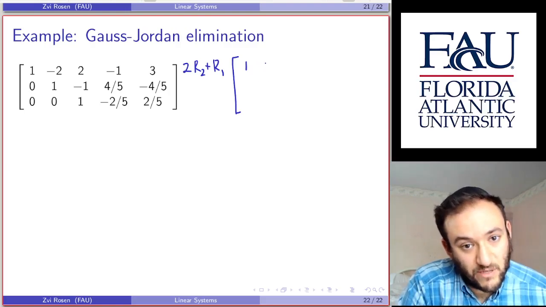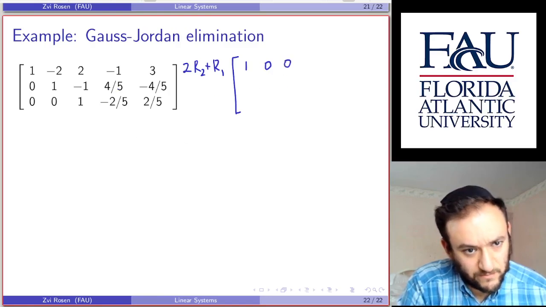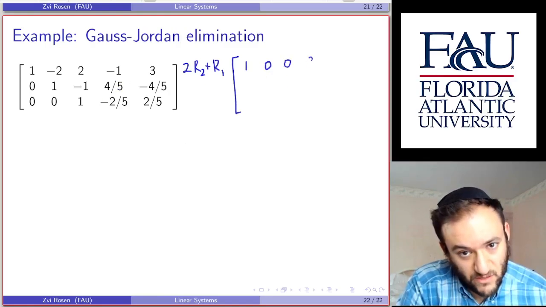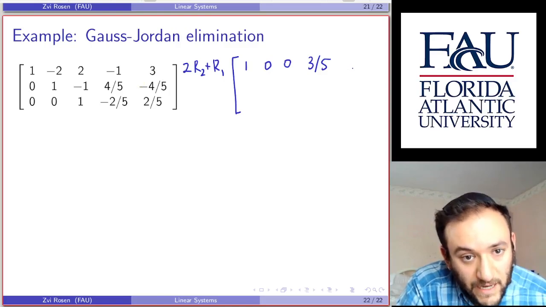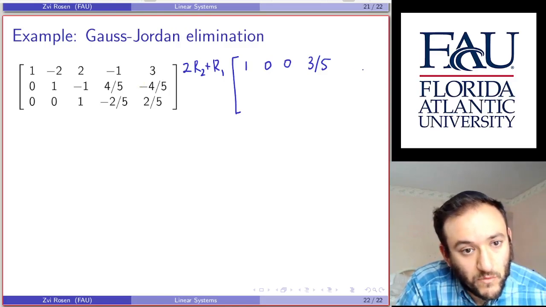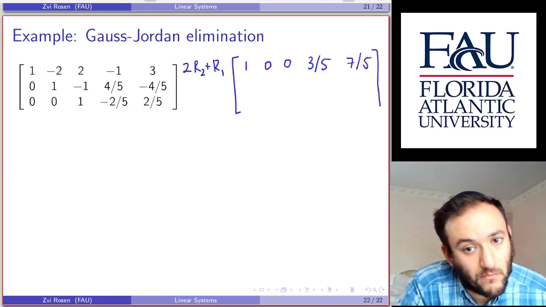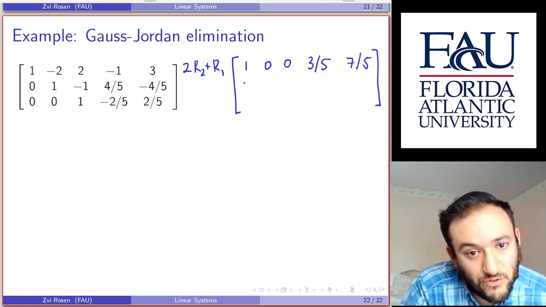The second entry becomes 0. The third entry, we have -2 plus 2, that's also 0. And then 8/5 minus 1 becomes 3/5. And minus 8/5 plus 3 becomes 7/5. Okay, and now the other two rows don't change.